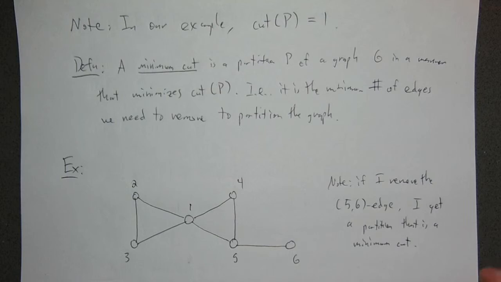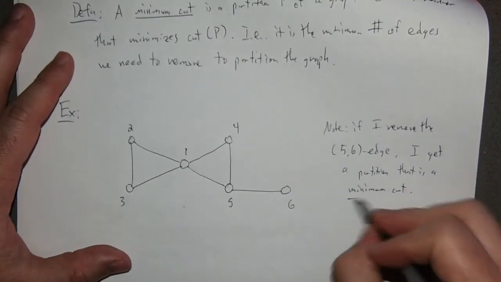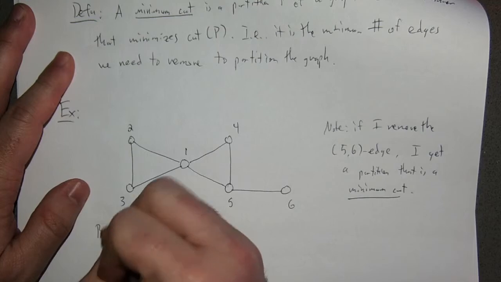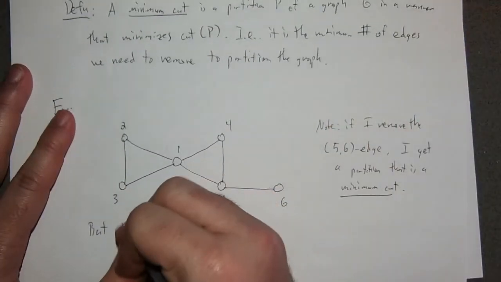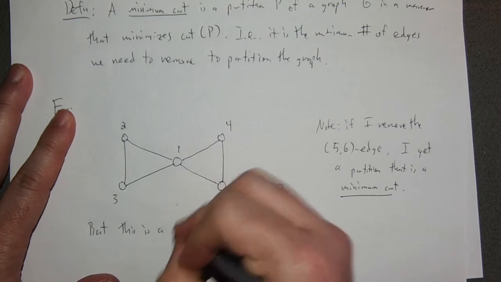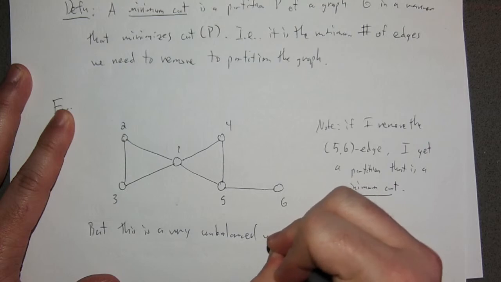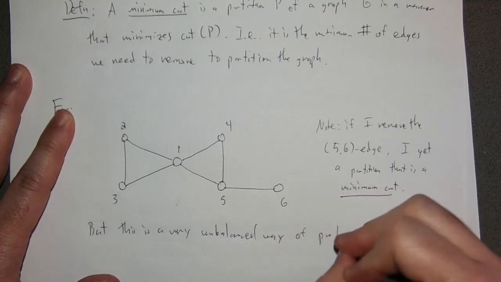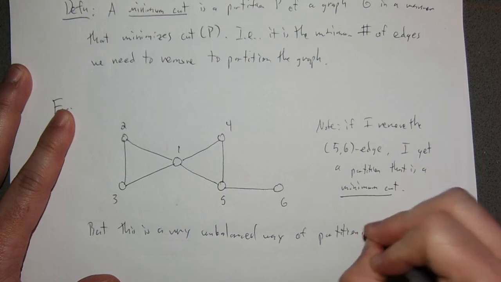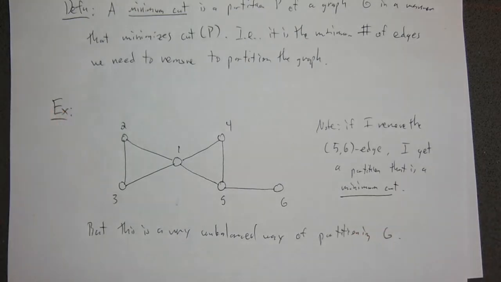Well, as the notes say, this is a very unbalanced way of partitioning the graph. So this is a minimum cut, but this is a very unbalanced way of partitioning the graph. So the idea is that I want to study this graph, and I want to partition the graph to help me study the graph.